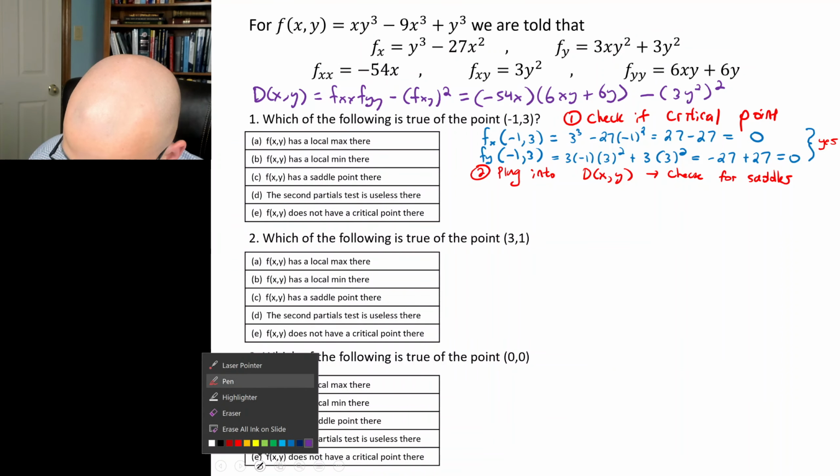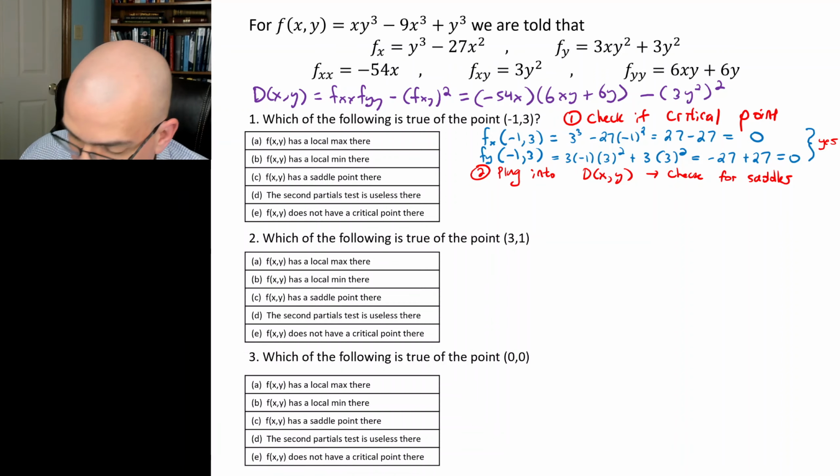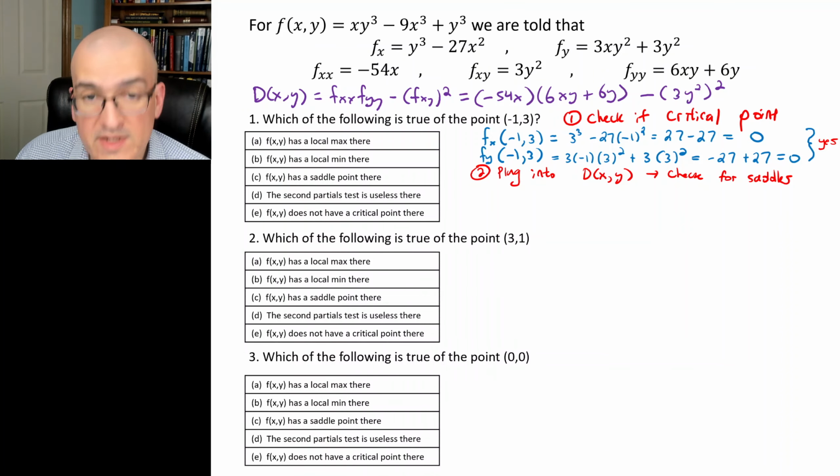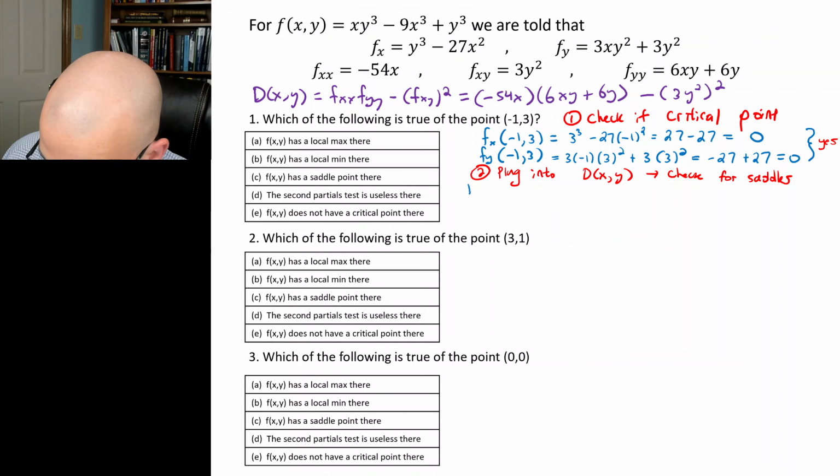Okay, so let's plug the critical point that we found into this. So capital D evaluated at -1, comma 3.